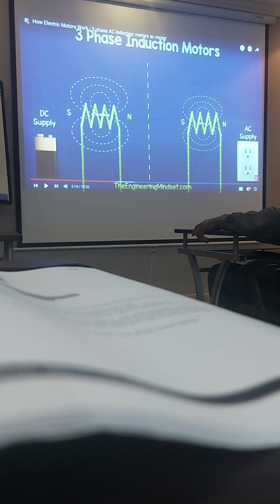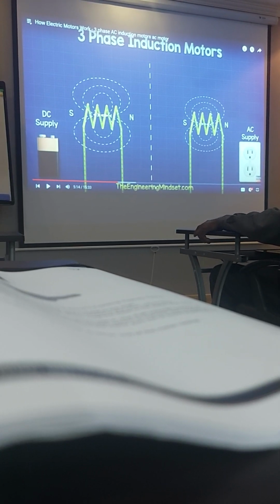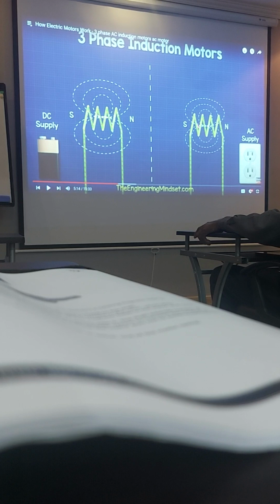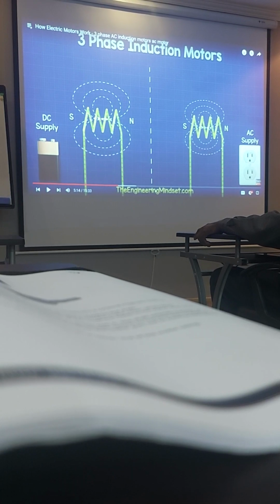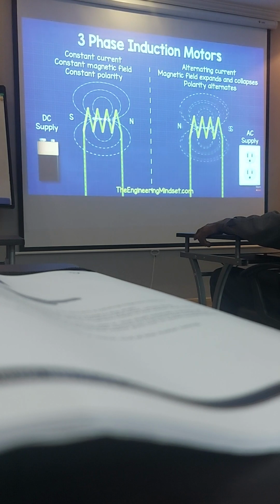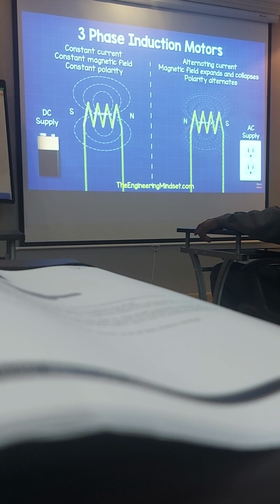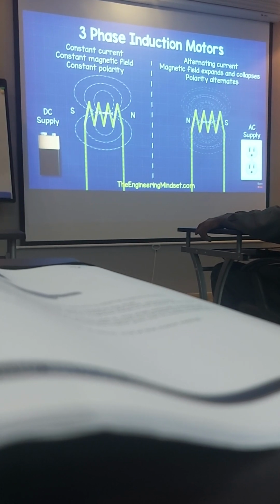Because in DC power supply, the polarity will not change. Whereas in AC power supply, the north pole and south pole will change with respect to each cycle because the polarity changes. Understand, sir? So the magnetic field will also expand and collapse, and the polarity reverses each time.